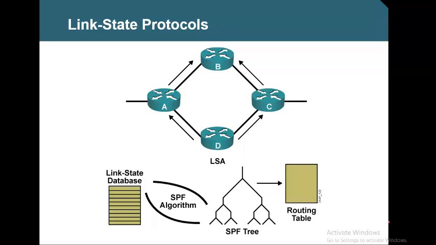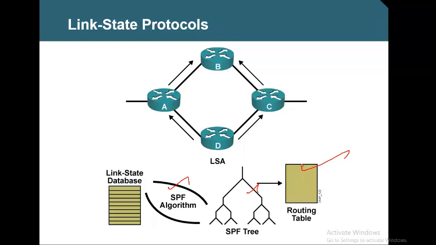Now what happens? This router which received the new database runs the SPF algorithm over the database. What does that mean? Find the shortest path to reach every destination and then put that path into the routing table.